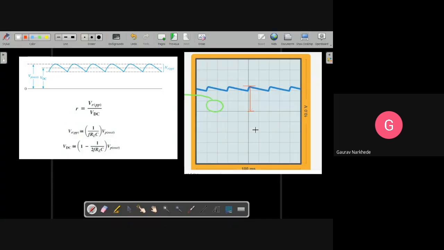Okay, so now what is this value, by the way? Have you calculated it? See, this one division corresponds to 1 volt. So it is 2.5 volts, right?